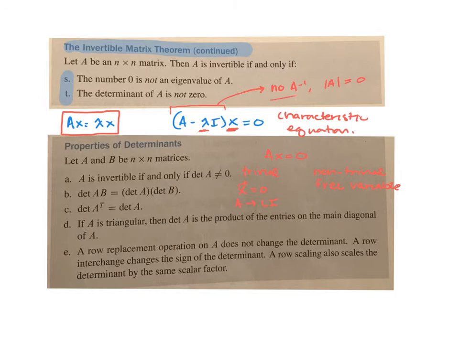If there's no inverse, then the determinant of A is equal to 0. Versus if A is invertible, the determinant of A is not 0. So if no inverse, then the determinant is 0, which will give me the non-trivial free variable. And this is how we're going to use this equation to make things happen.